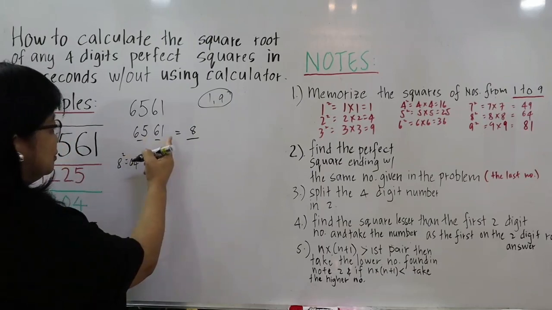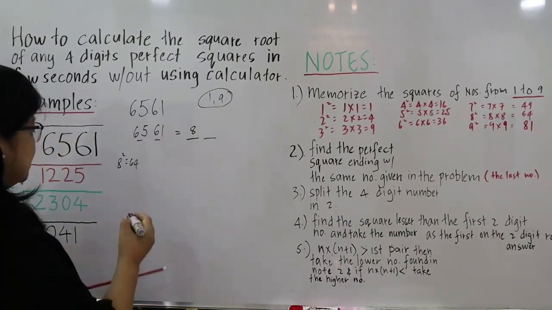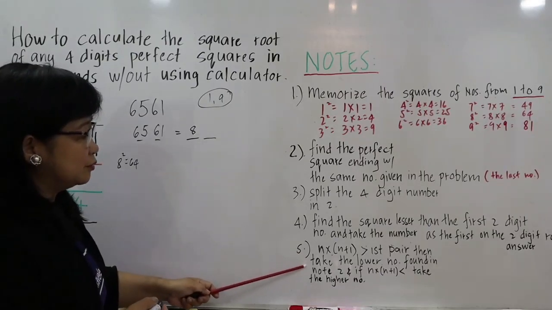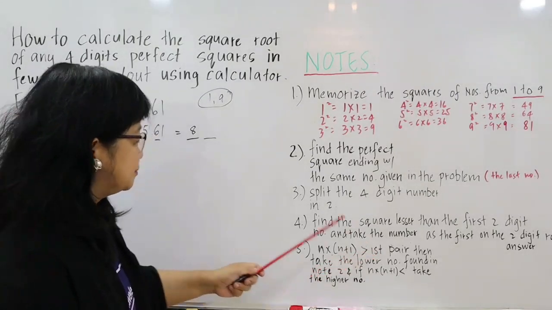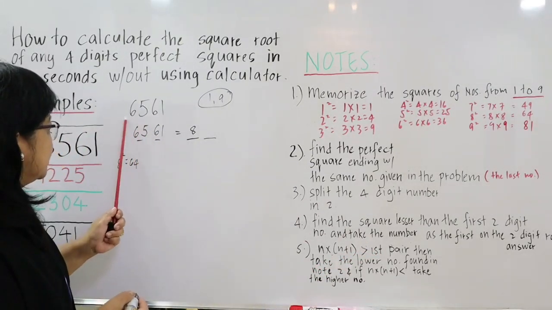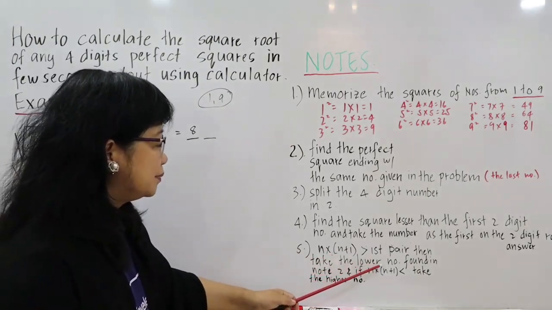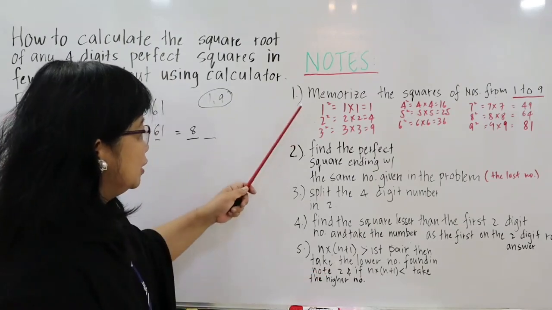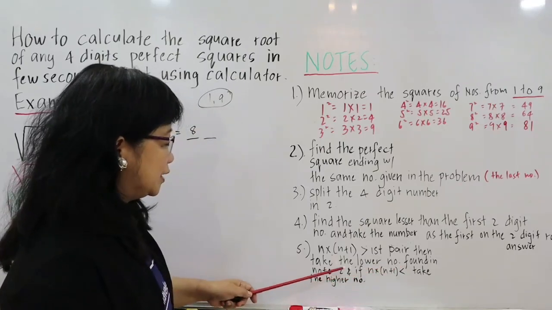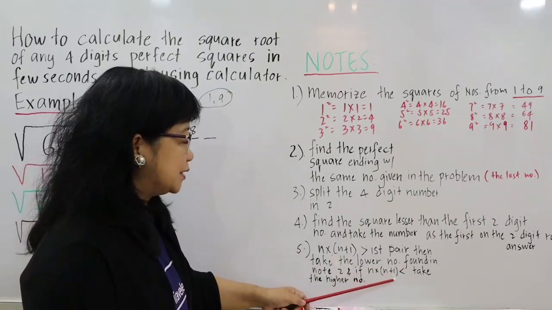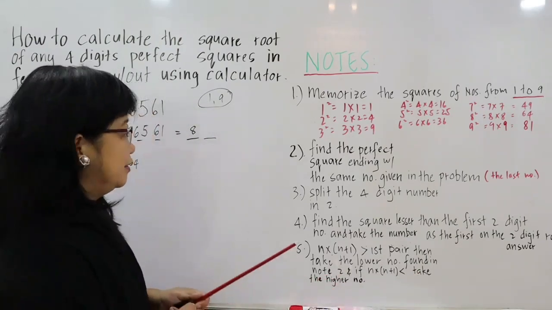Now, we have to solve the second number. It's written here, the fifth note: n times n plus 1. If it is greater than the first pair, take the lower number found in note 2, and if n times n plus 1 is less than the first pair, take the higher number.